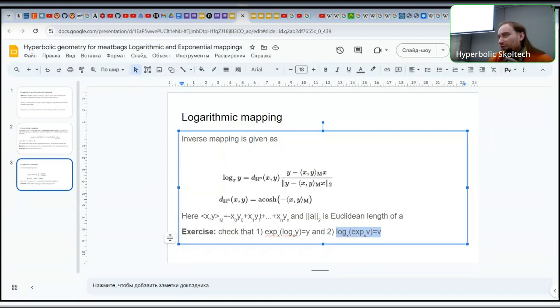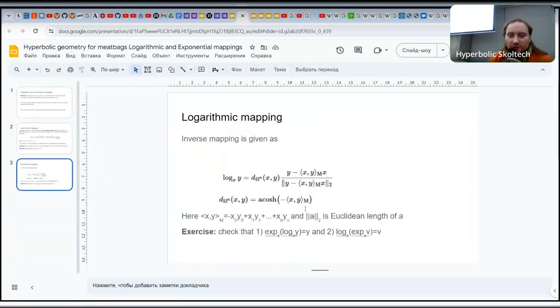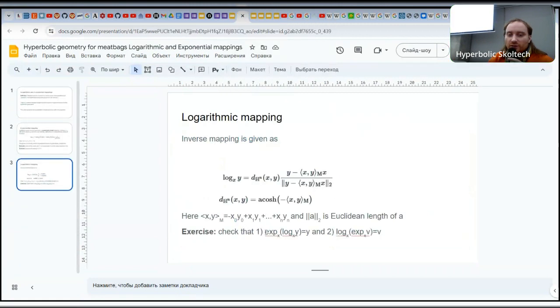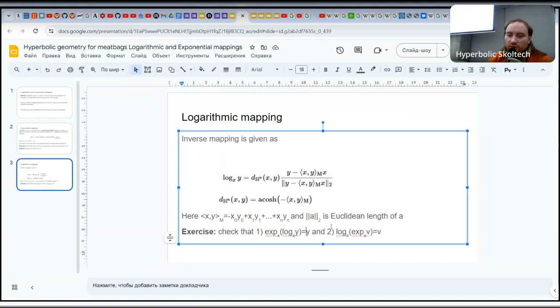Okay, do you want to check it actually? Or is it obvious, or might be an exercise, I don't know. Okay, you don't say anything. So if you substitute this thing into this thing, then you just get y. Not that this is too obvious, but this does not sound interesting to do.